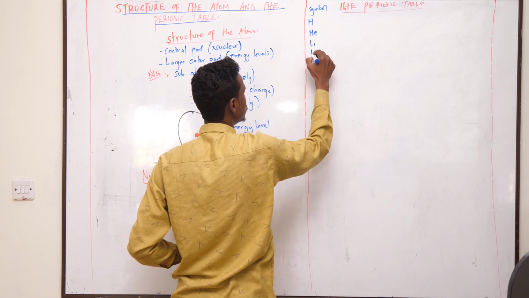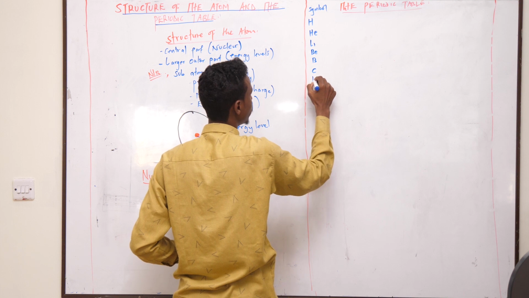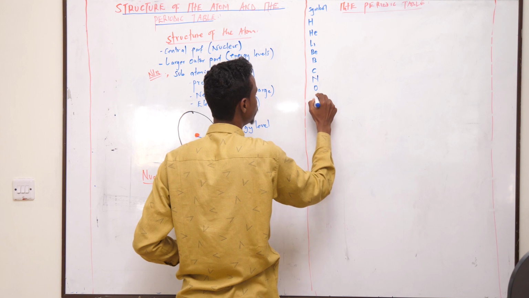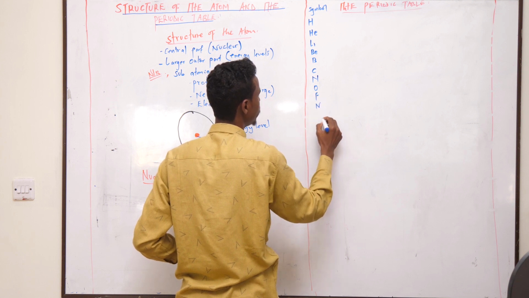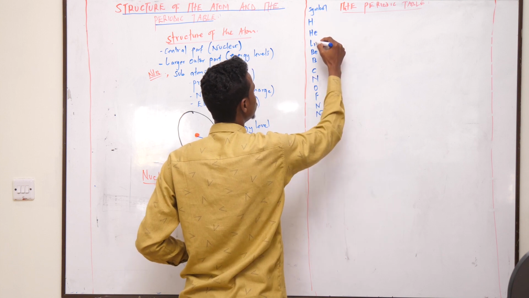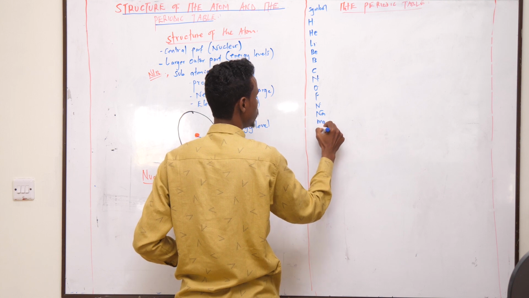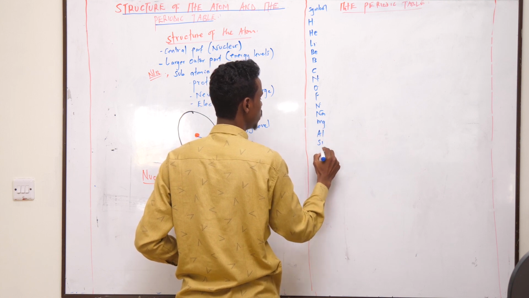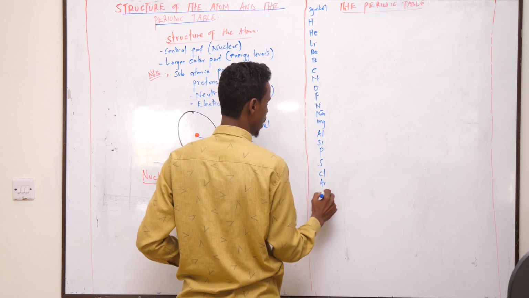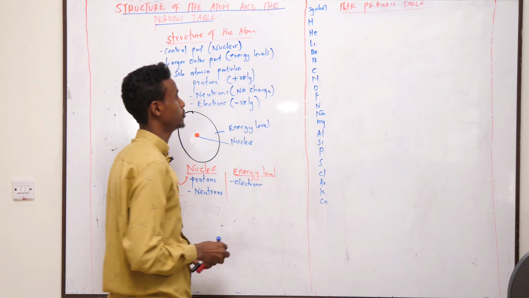We have lithium, beryllium, boron, carbon, nitrogen, oxygen, fluorine, neon, sodium, that is number 11. Magnesium, aluminium, silicon, phosphorus, sulfur, chlorine, argon, potassium, and calcium.